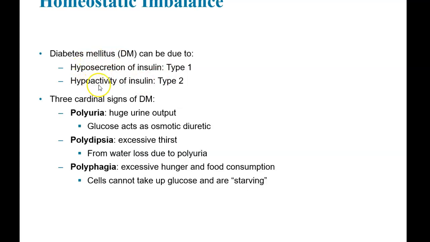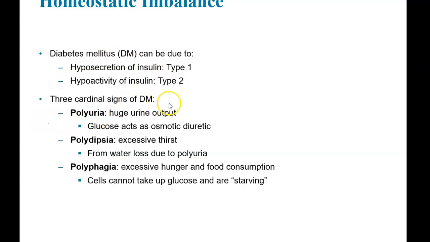Then there's hypoactivity of insulin, which is classified as type 2 diabetes. That's when your pancreas does produce the insulin, but the cells that are supposed to recognize the insulin are desensitized. So they no longer recognize the presence of insulin.